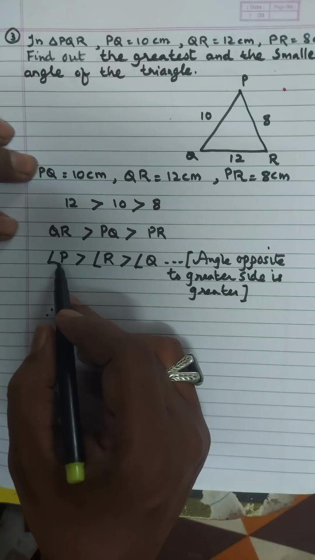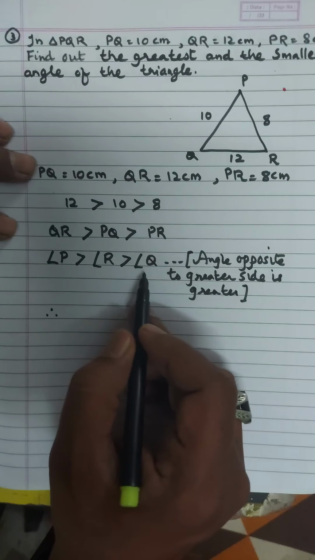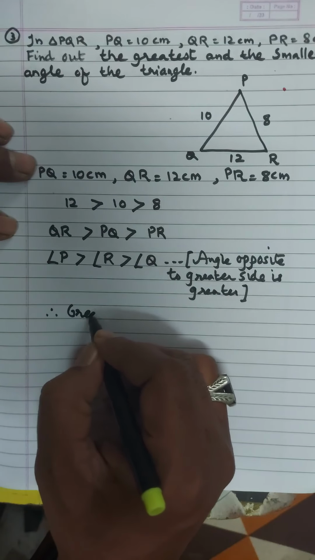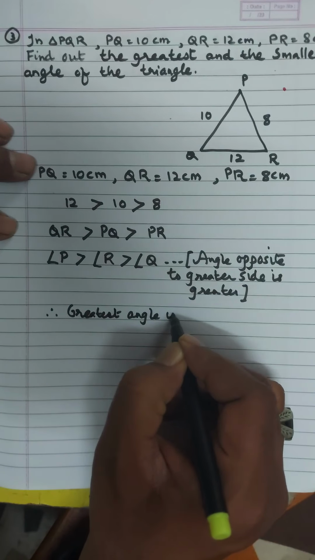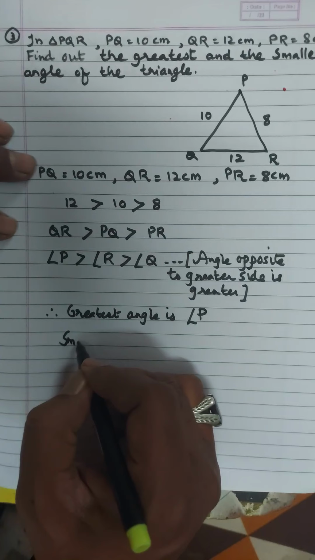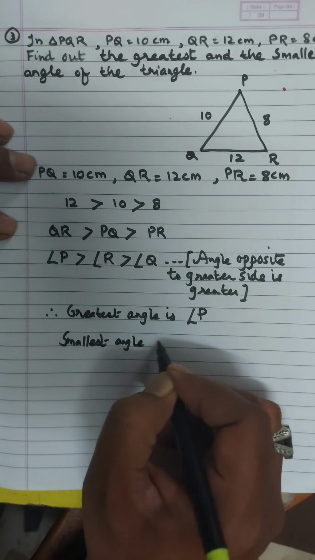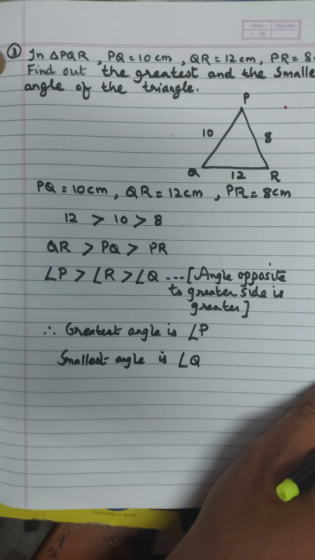The greatest angle is P, and the smallest angle is Q. So we can write, greatest angle is angle P, and the smallest angle is angle Q. So this is the answer we can easily take out.